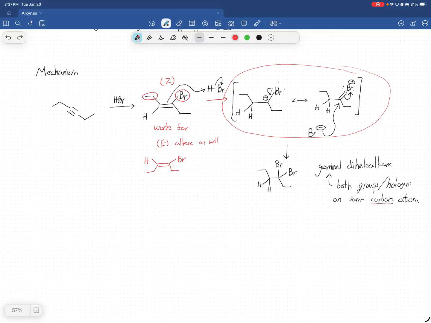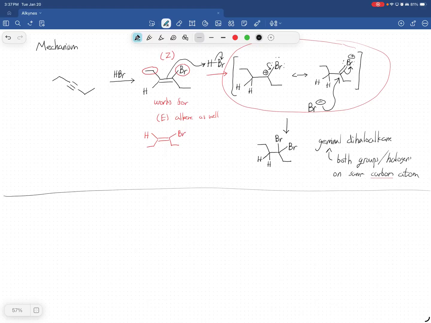Now, what happens if we just use a terminal alkyne? Turns out things are a little bit different if we use terminal alkynes. So let's use that example next. So addition of HX. So in this case, X is Cl, Br, or iodine.